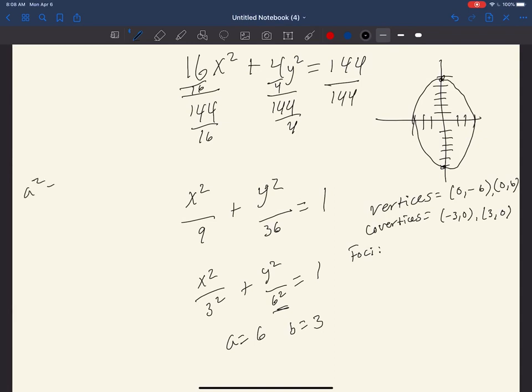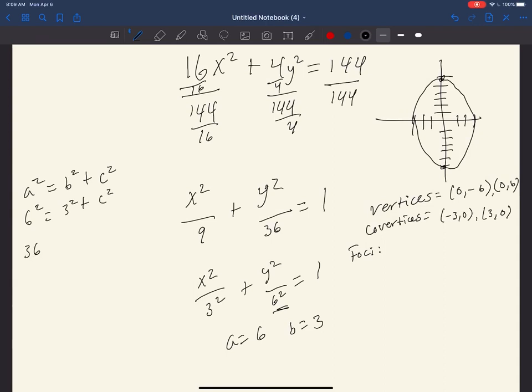A squared equals b squared plus c squared. Plug in your values for a, which will be 6, and then you're going to want to square it. Plug in your value for b, which is 3, and then you're going to square it. And then again, c, we don't know.